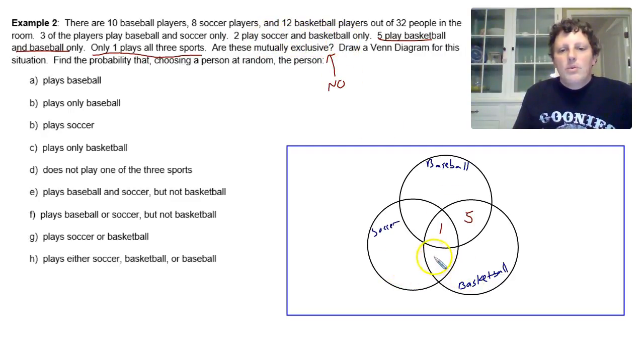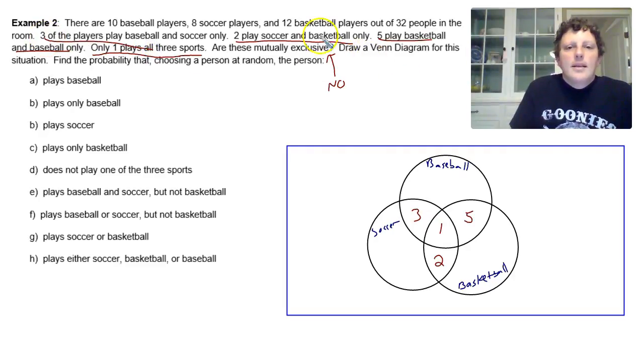Soccer and basketball only is the overlap of that, and they don't play all 3 here, so that's going to be 2 people right here. 3 of the players play baseball and soccer only, so I guess you can kind of catch the drift here that we're going to find the overlap of soccer and baseball, and not the part like this. This is all 3. We're not including that because it says only, so we'll put 3 here.